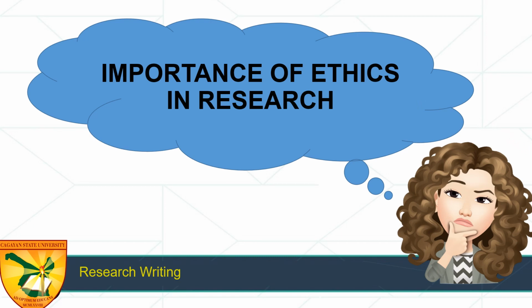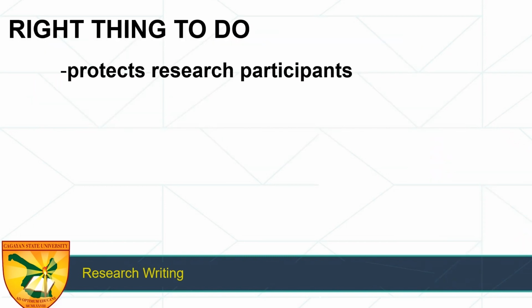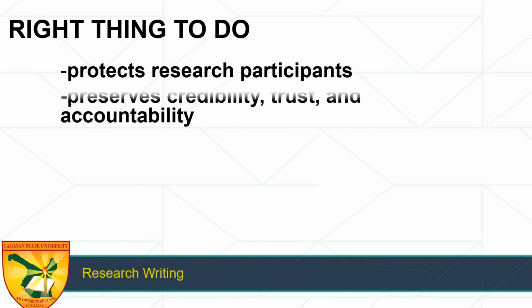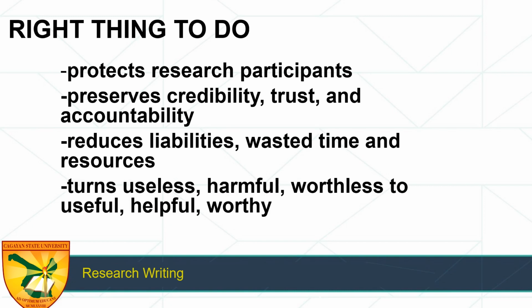Is it ethical? Is it the right thing to do? Does it protect your research participants? Does it preserve credibility, trust, and accountability? Does your research reduce liabilities, wasted time, and resources? Does it turn useless, harmful, worthless to useful, helpful, and worthy outcomes?